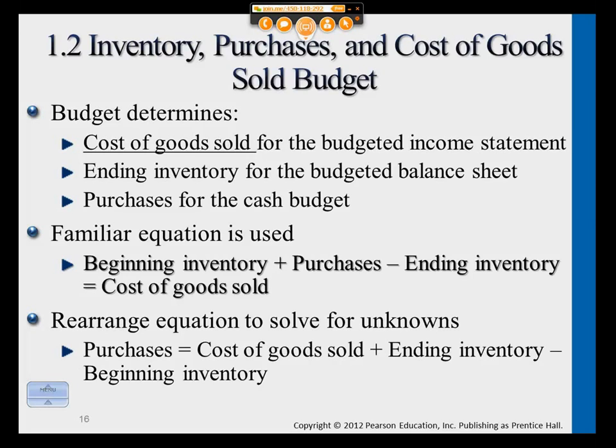It's the same concept, just a new idea. We're just going to call it budget and project all of it. So my purchases are my cost of goods sold plus ending inventory minus beginning inventory. Here you go. You've got your purchases. Again, it's the same formula, just rearranged. Okay, so the second one, done.